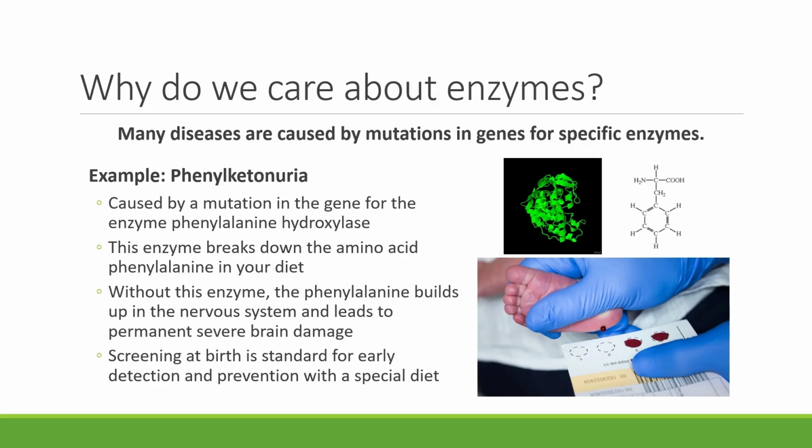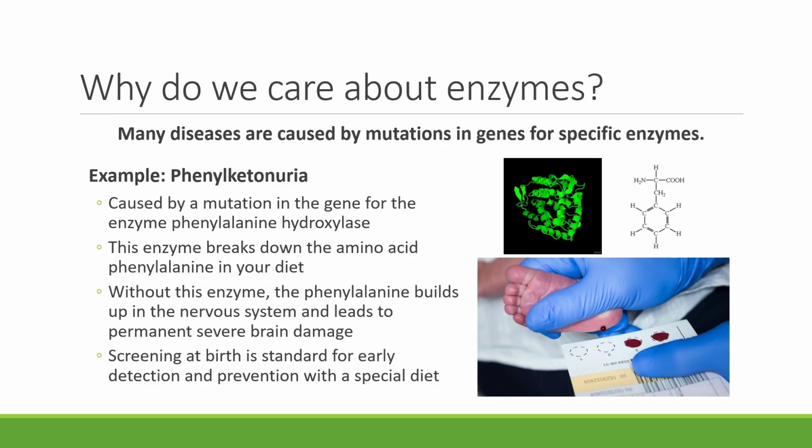And if a newborn comes back as positive for phenylketonuria, they are immediately put on a diet of special formula that lacks the amino acid phenylalanine, and by doing this, the brain damage can be prevented. As people with PKU get older, they don't have to be quite as careful about avoiding phenylalanine in their diet completely, but that window after birth and during infancy is really crucial for catching this disease and allowing normal development.